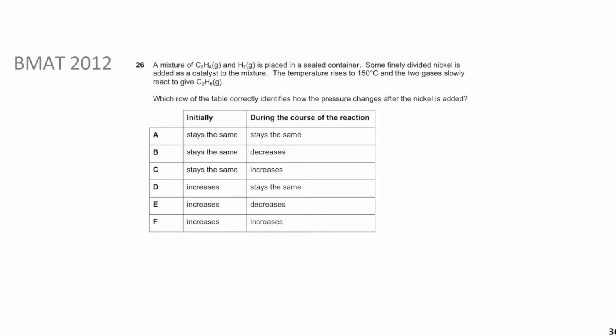Okay, guys, so let's go through this. What essentially we have here is that the reaction we have is ethene reacting with hydrogen to produce ethane, C2H6. And remember, this is essentially a hydrogenation reaction, which is going to be catalyzed by nickel, which is finely divided in this reaction. And then it says the temperature rises to 150, and the two things react. And then it says, what are the pressure changes? So essentially, guys, as you can see here, you're going from two molecules to one molecule, right?